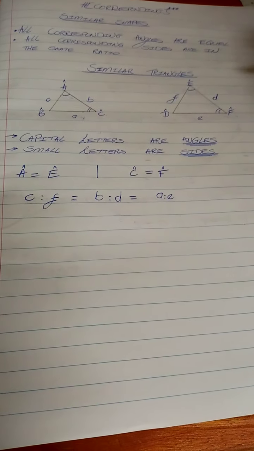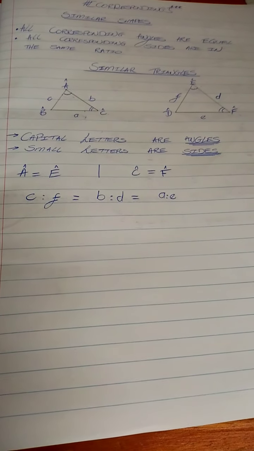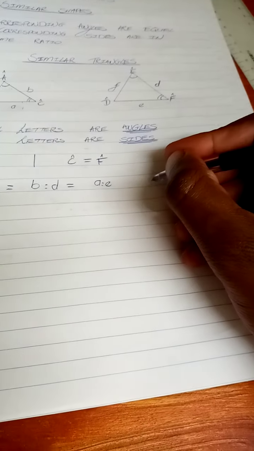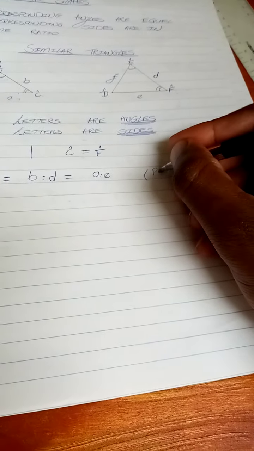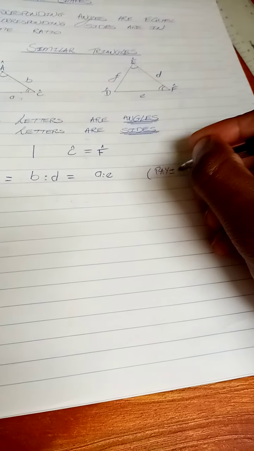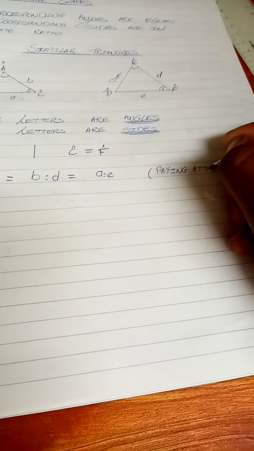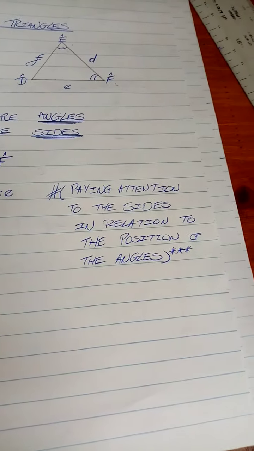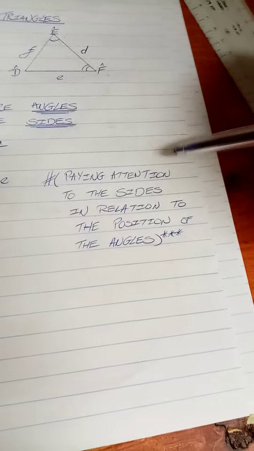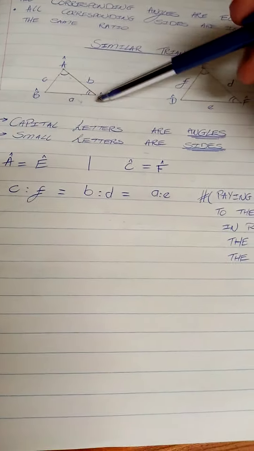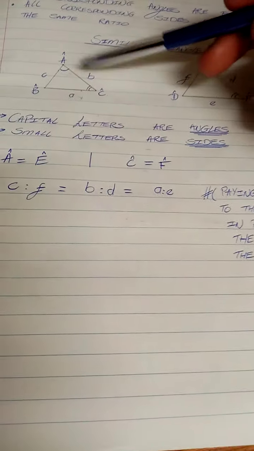So basically having to pay attention to the angles, therefore paying attention to the sides in relation to the position of the angles. So the sides in relation to the positions of the angles.